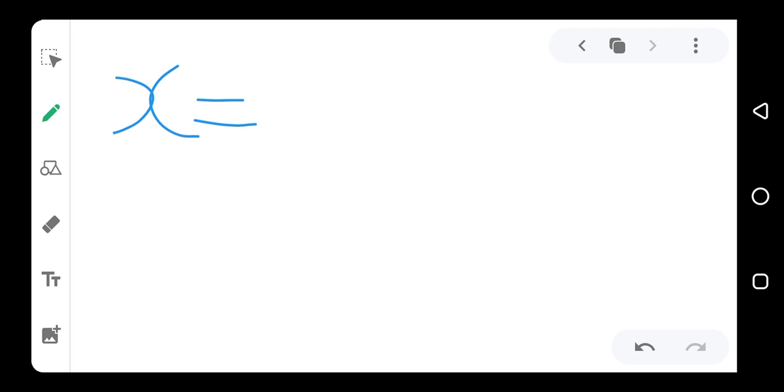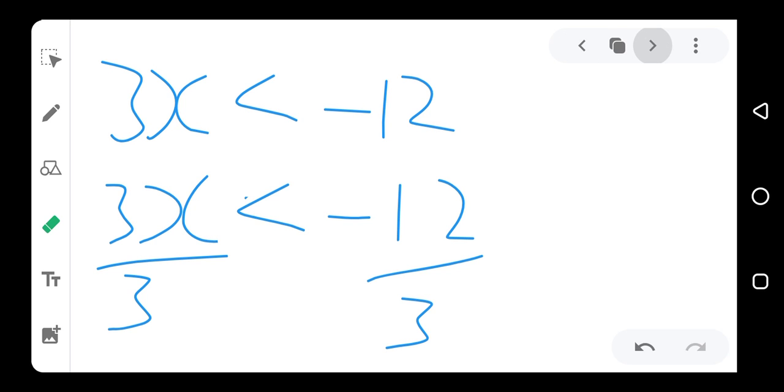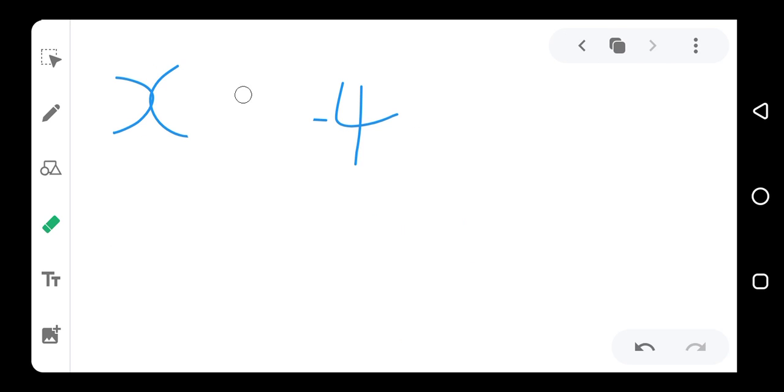So we have that x is less than minus 12 over 3, which is minus 4.